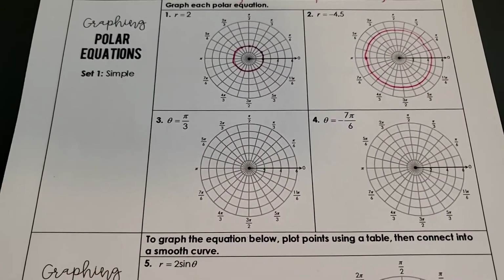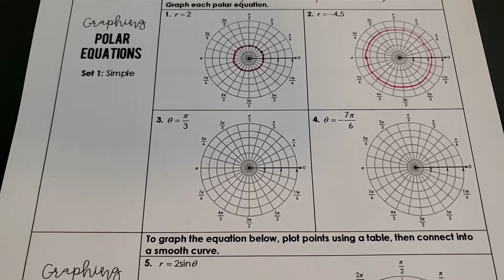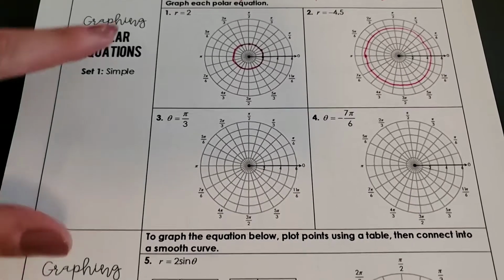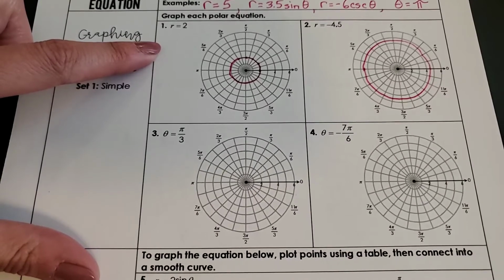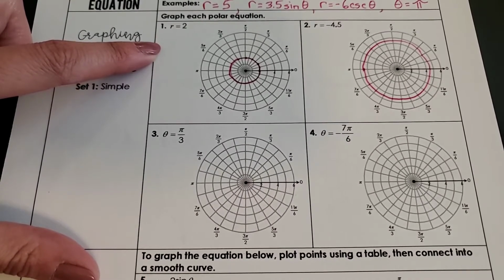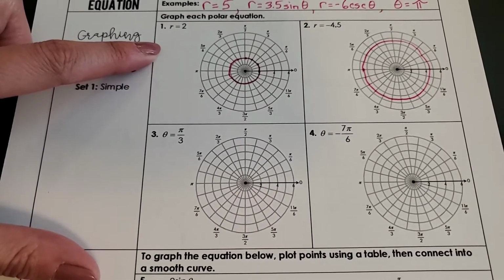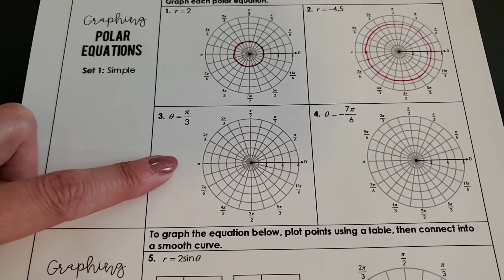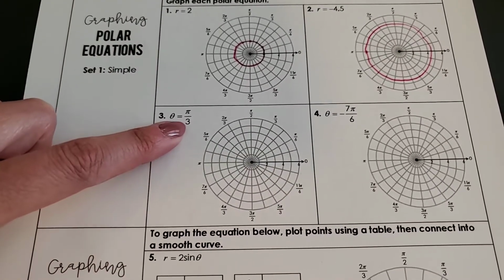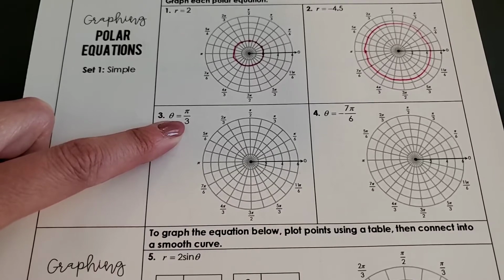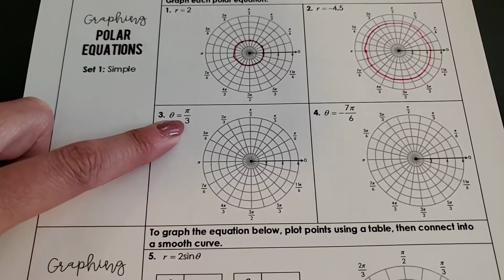We can also have theta be a constant. So in these first two, r was a constant, the distance away from the pole was constant, and the angle could change. When you have theta equal to something, the angle will stay constant, but the distance away from the pole will change.